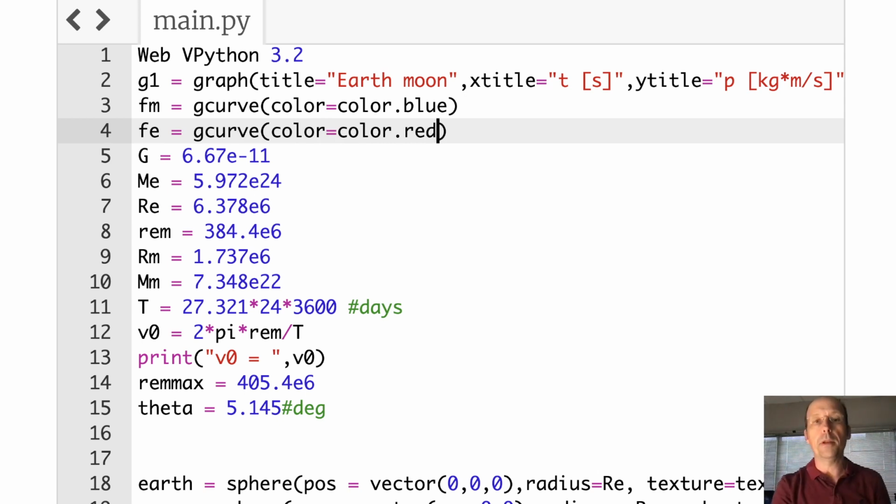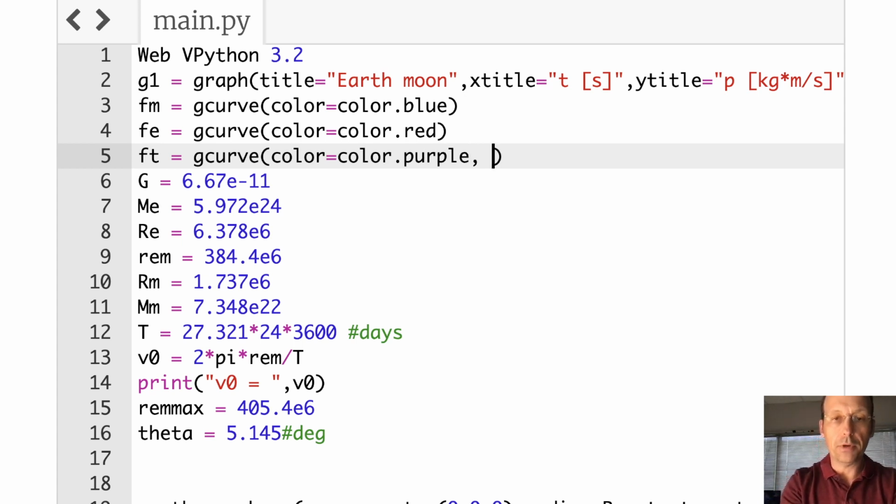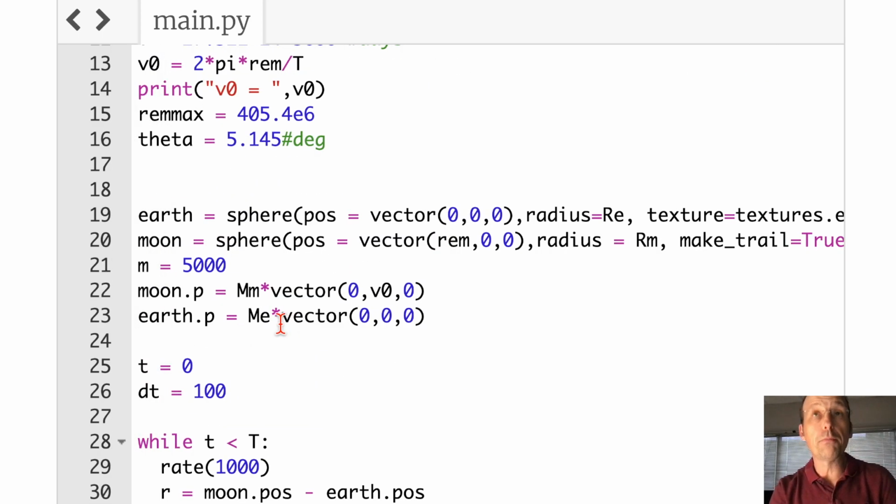And so we can plot the momentum of the Earth, and then I can say fT equals gcurve, color equals color.purple. And this will be the total. I'll put a label. Label equals total momentum. Okay. So I've got the Earth's momentum right there.